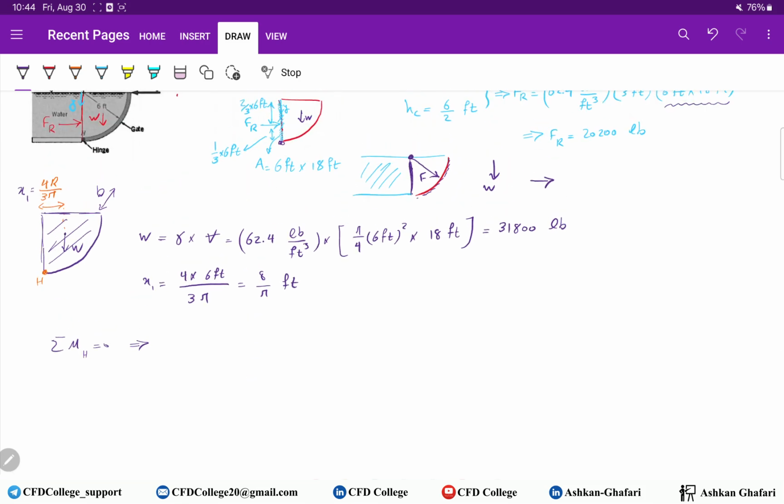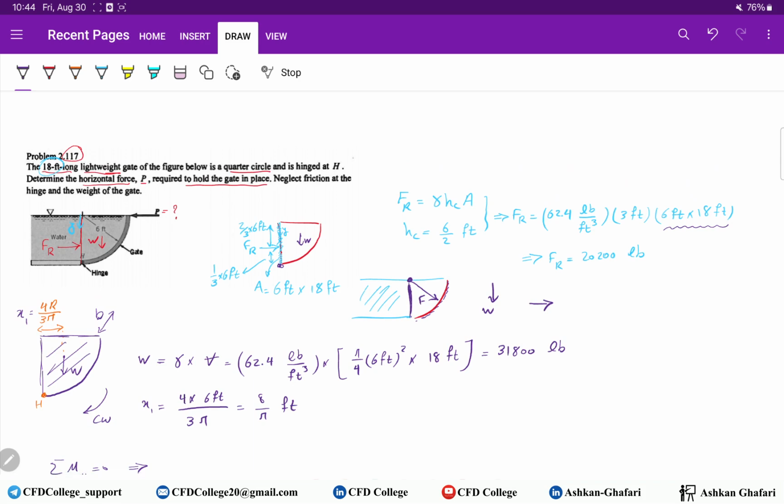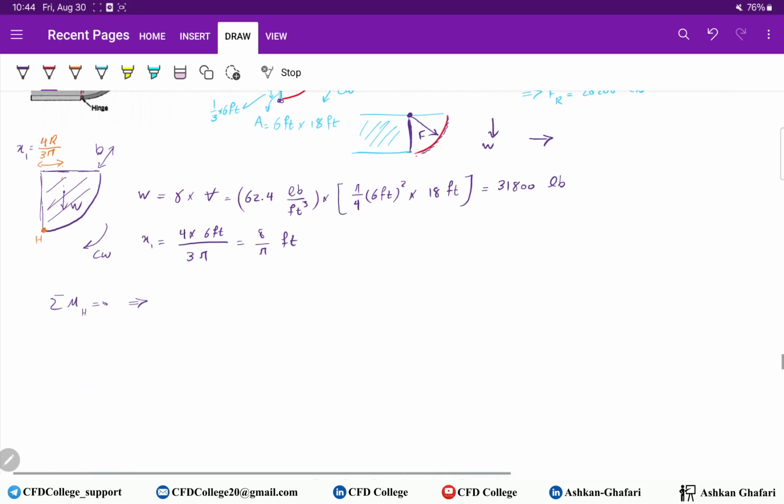W produces a clockwise moment, and also Fr a clockwise moment, while P produces a counterclockwise moment.